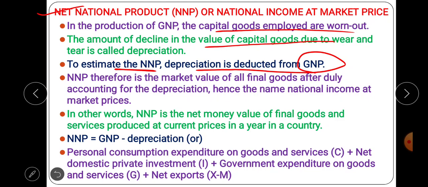So, the net national product is the market value of all goods after duly accounting for depreciation, and hence the name national income at market price.